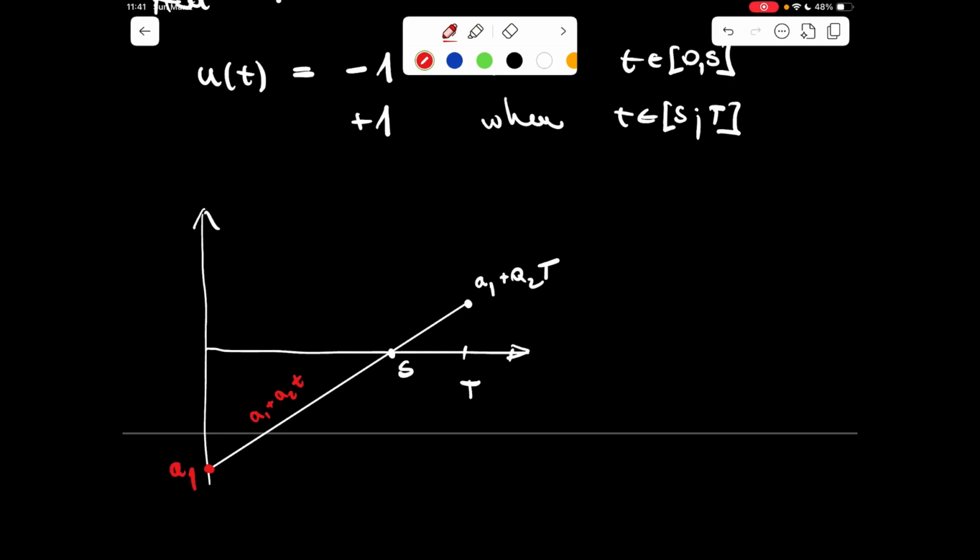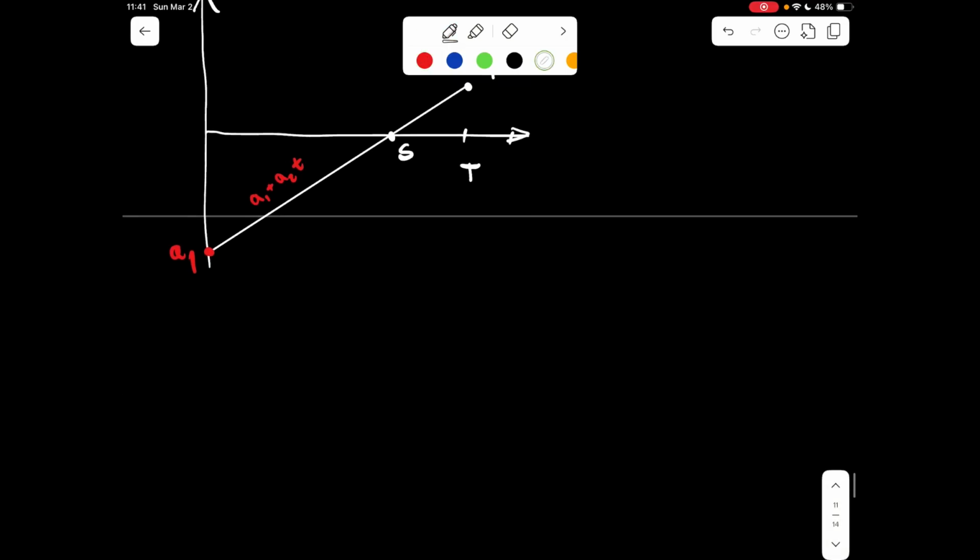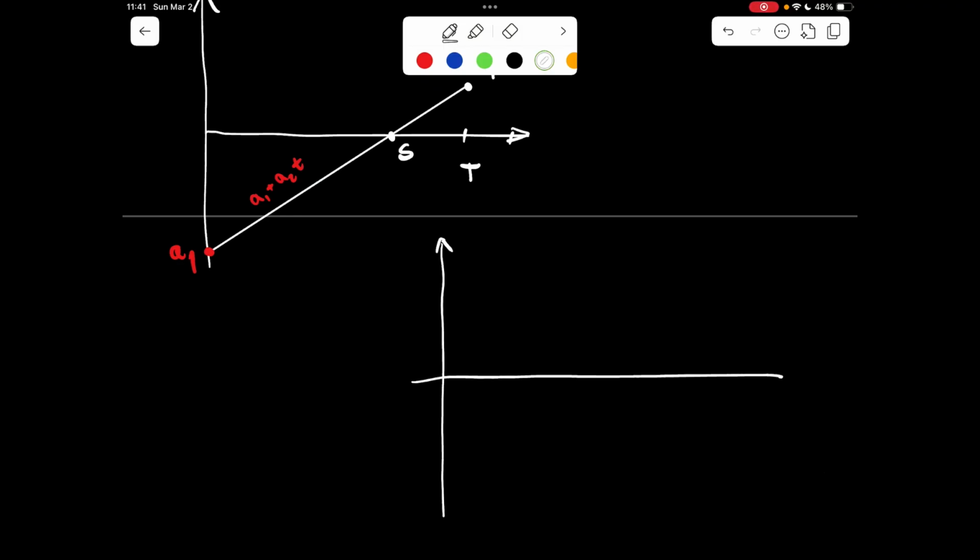We know that initially it is negative and later it becomes positive because u was negative at first and it was positive in the second phase of the mission. So the function a1 plus a2t must be increasing.